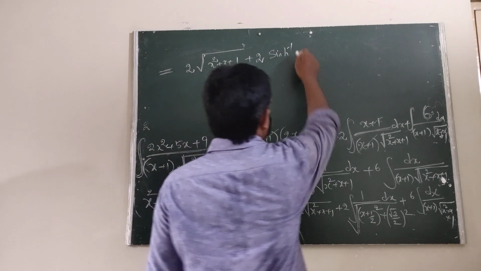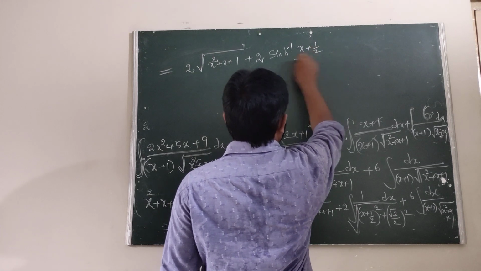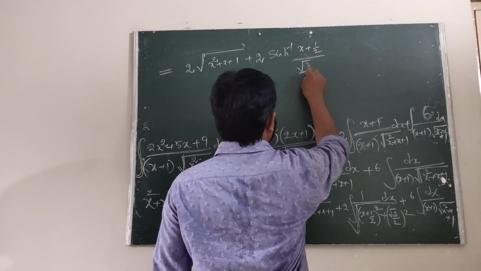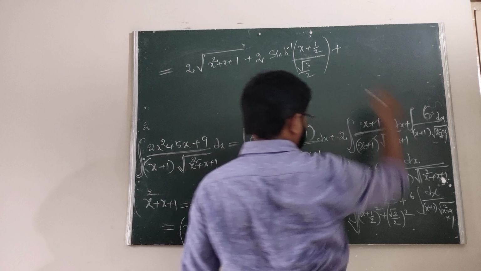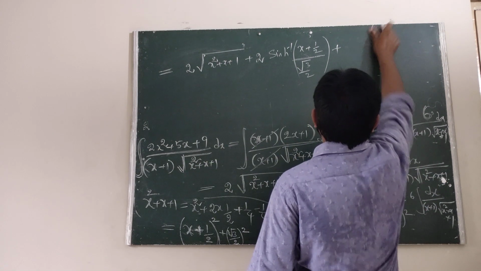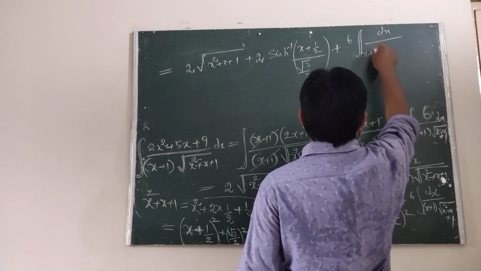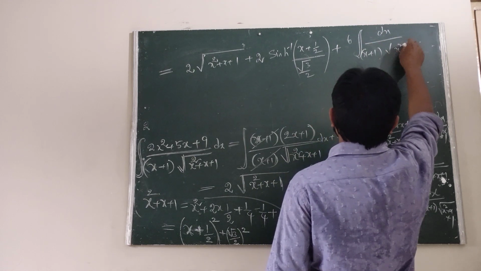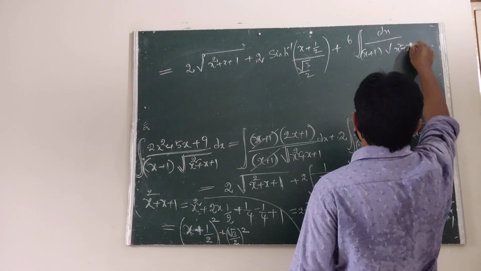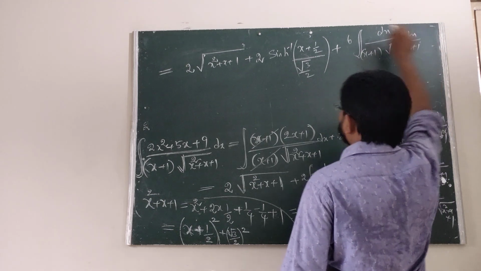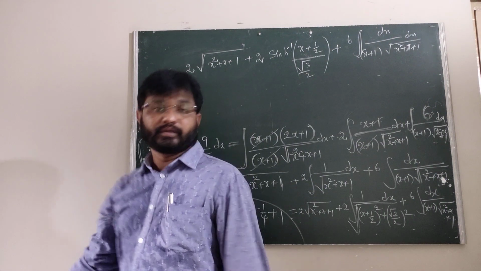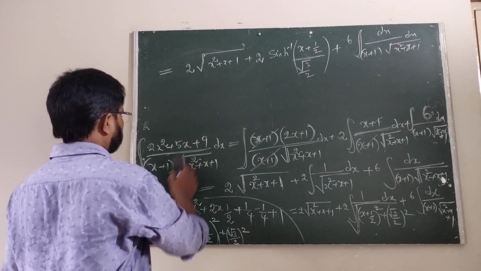X by a is here the x plus 1 by 2 upon root of 3 by 2. The last one is the 6 integral dx upon x plus 1 into under root of x square plus x plus 1 dx. Is it okay?